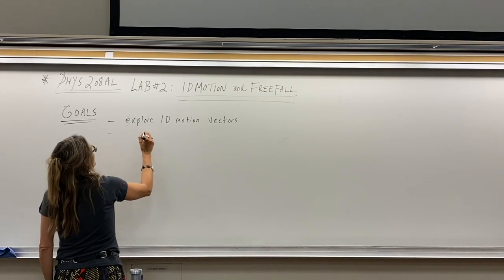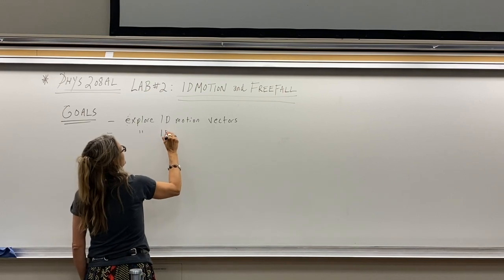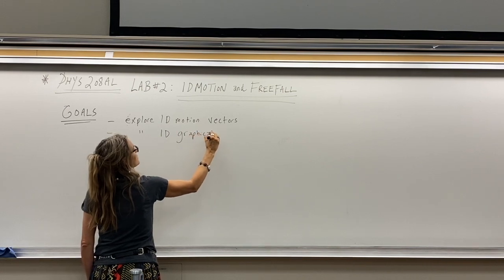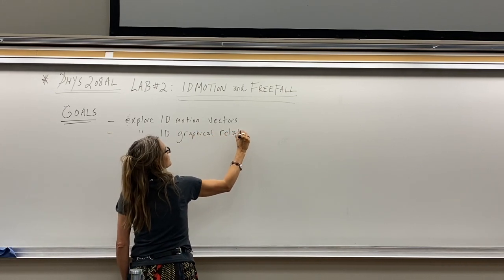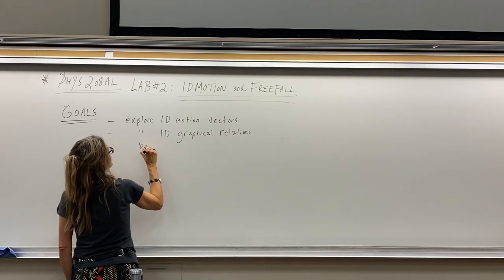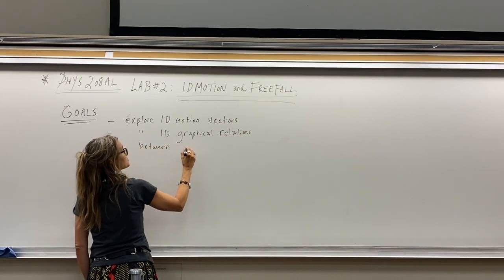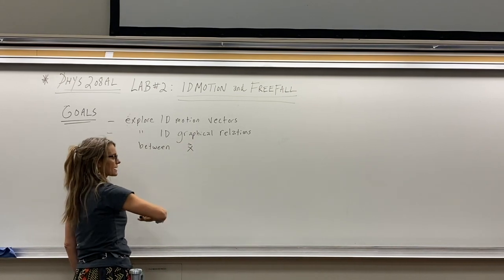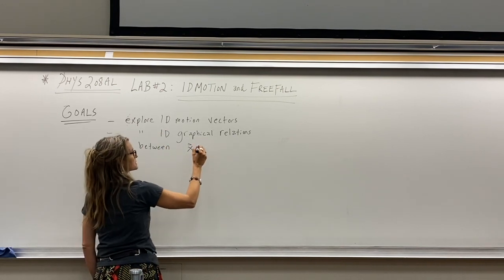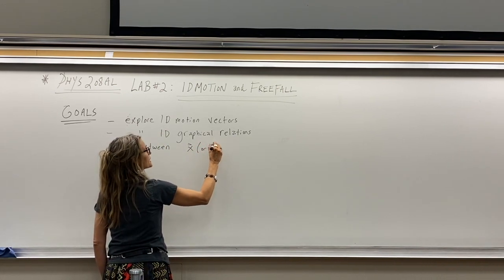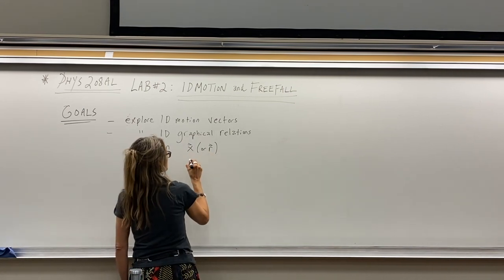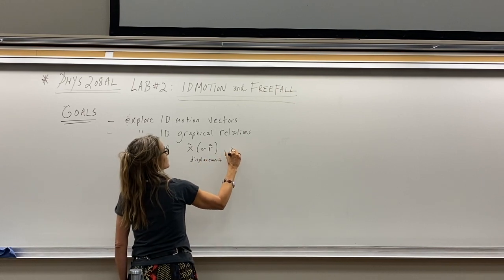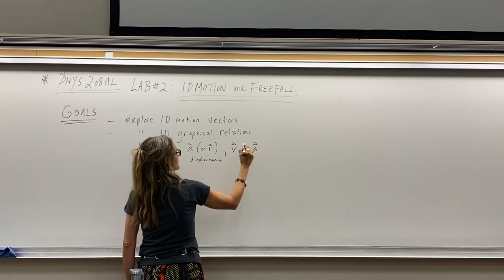We want to explore 1D graphical relations between displacement, so vector x if you're in a horizontal axis, or y when we talk about a vertical axis, or in general, I like to use the r vector, so between your displacement, velocity, and acceleration.